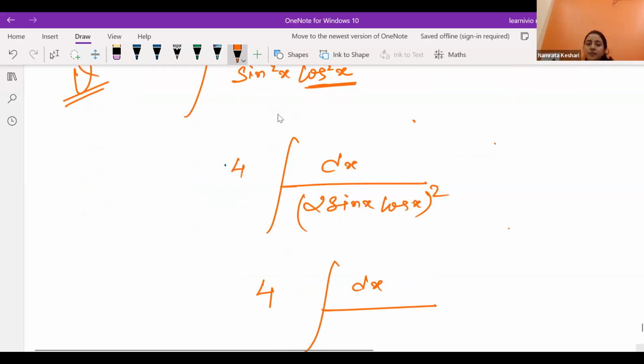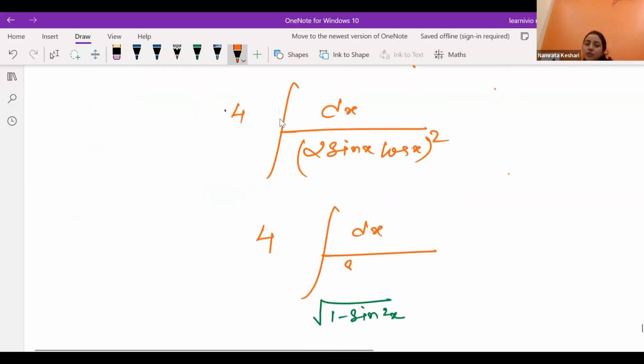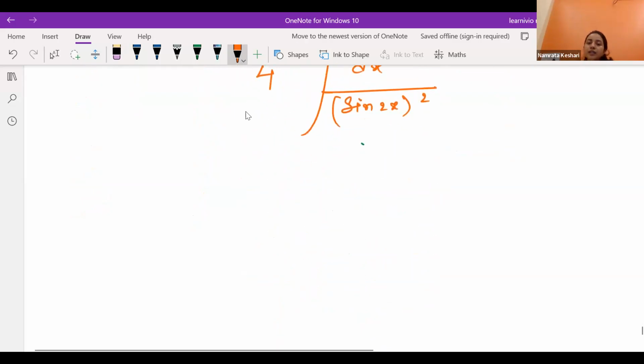Which eventually becomes dx by sin 2x whole square, right? That means we will be having cosec square 2x. Yes, we do. Is there any formula for this one?